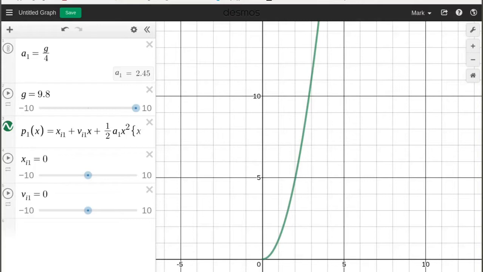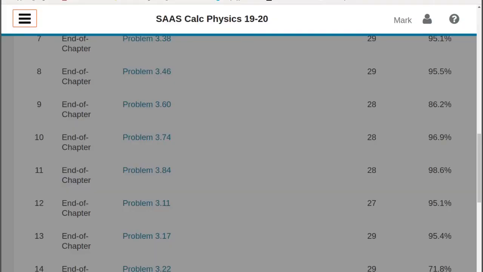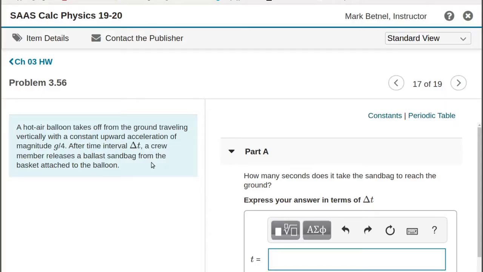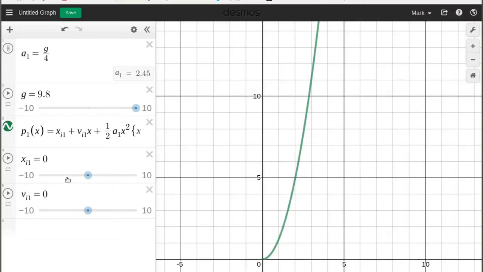So now I want to do something to show how high it gets before they let go of the sandbag. So I'm going to try and make this, like I said, slightly more concrete. I'm going to represent how much time it's ascending as a variable.